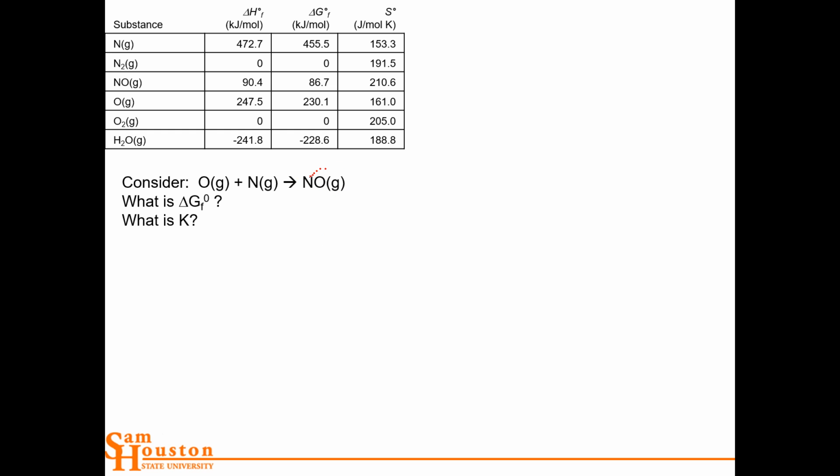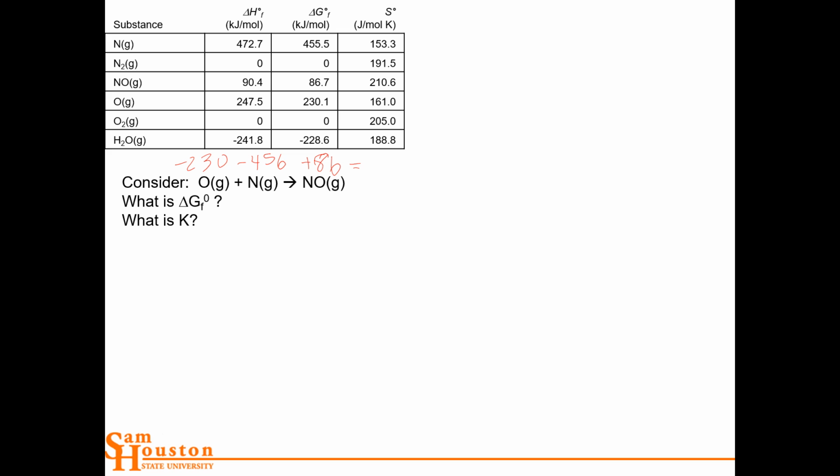So you have the product, which is plus 86. And then nitrogen atom can be minus 455 or 456. I'll just round up. And then oxygen atom is minus 230. So can someone calculate that for me, please?